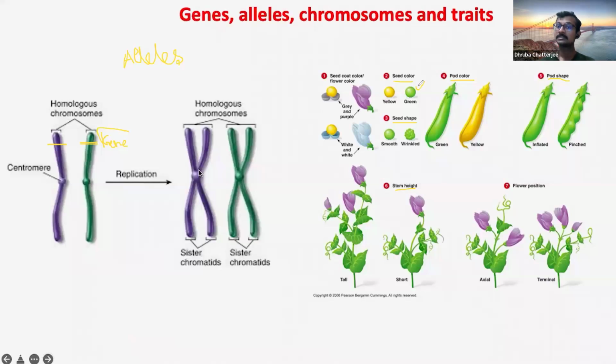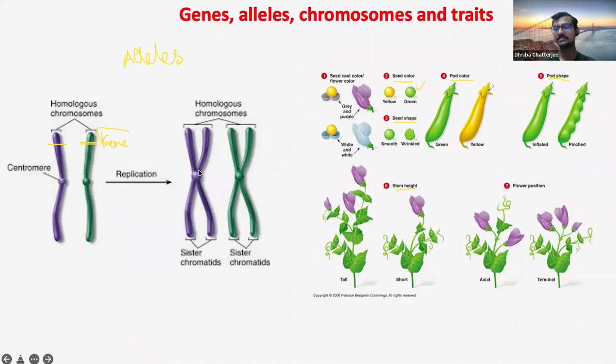But you will see that there is also one more possibility or one more variant, where the plant is actually having yellow seeds, basically yellow peas, right? So that indicates that this gene may have different variants or different alleles, right?